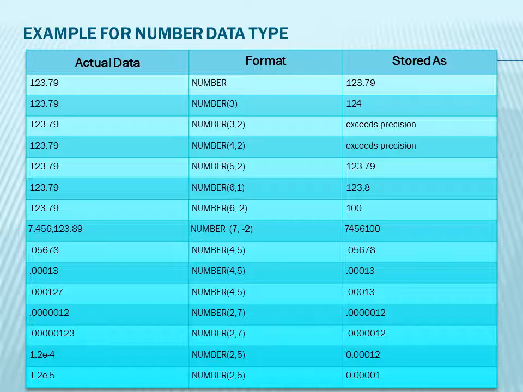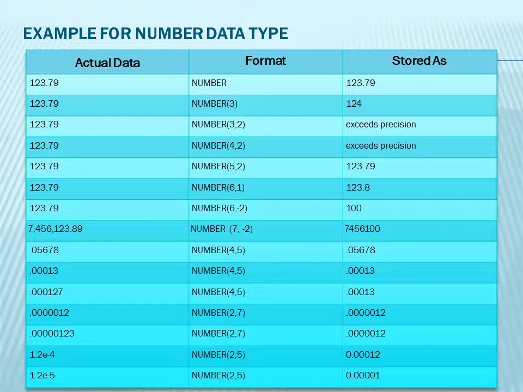Let's see another example for the negative scale. That is, we are trying to store 74 lakhs 56,123.89 and the format is number of 7 comma minus 2.